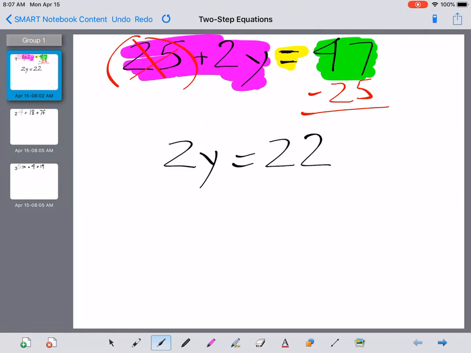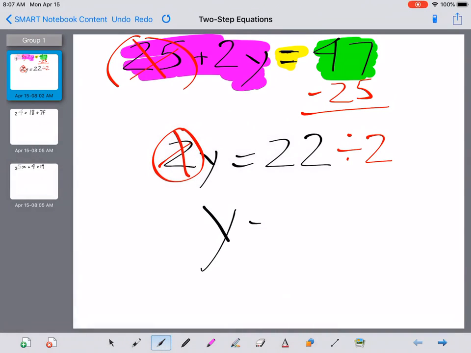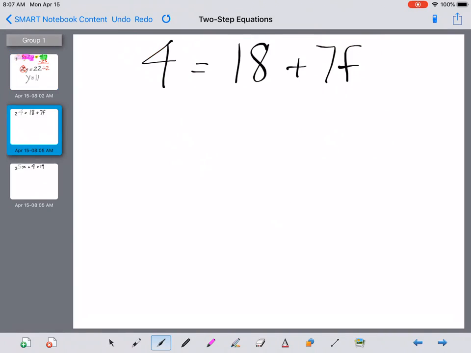Now at this point, you eliminate the coefficient by reversing out that multiplication, because that's 2 times y. So all you would now do is divide the other side by 2, and now you have a solution of y equals 11. Okay, let's take a look at the next one.